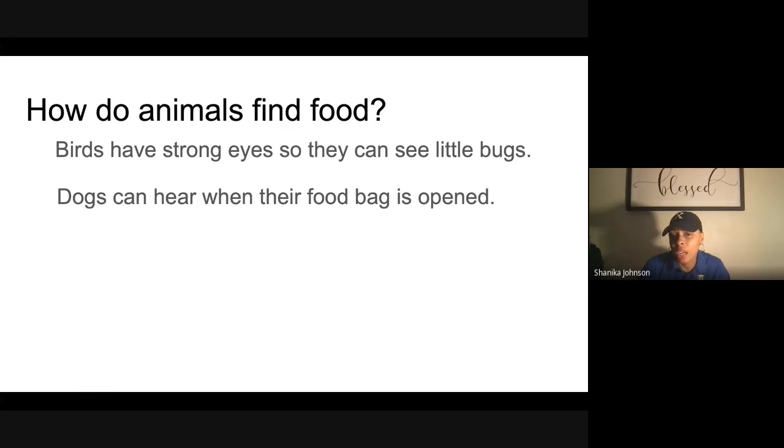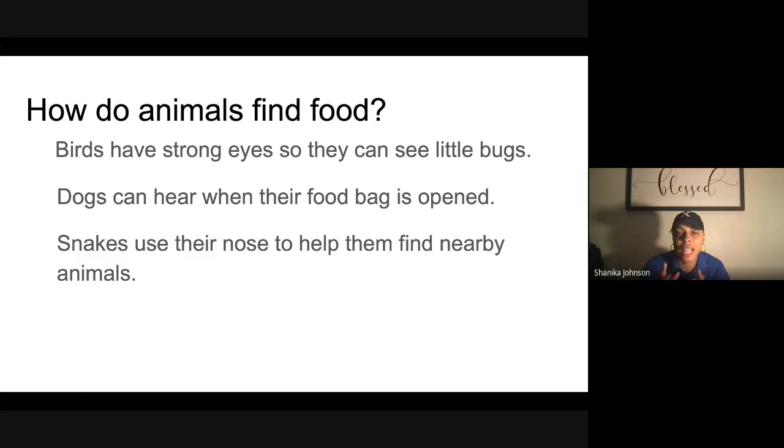Dogs can hear when their food bag is open, so they must have really good hearing. And then if we think about snakes, snakes use their nose to help them find nearby animals that they can eat. So we need to ask ourselves, what do all of these animals have in common that help them find food? What do they all use?